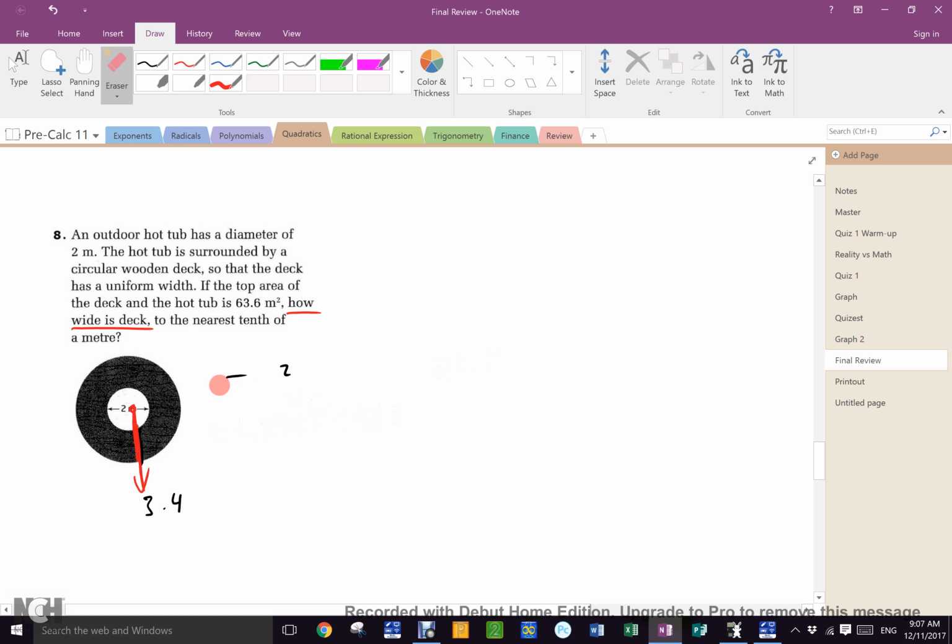Now, do people want to see what he did there? Okay. So, Soupball knows that the whole thing, right? He knows that this right here is x, right? But he also knows that this right here is 1, right? So that whole radius is x plus 1, correct? He also knows that the whole area is 63.6, right?